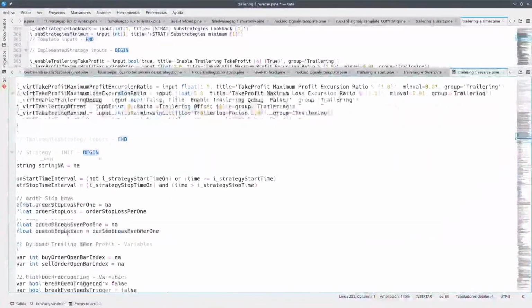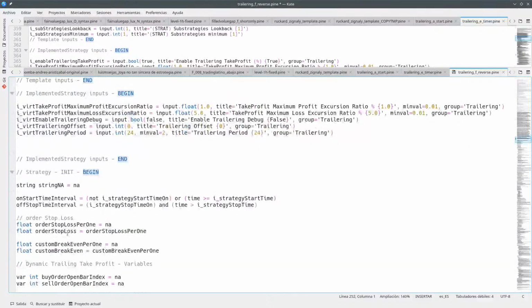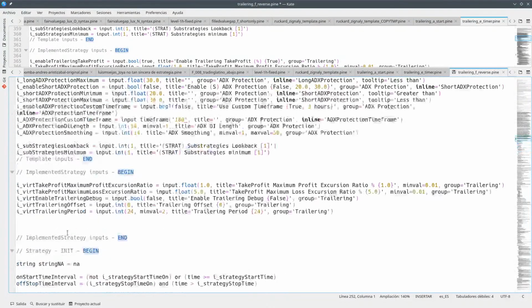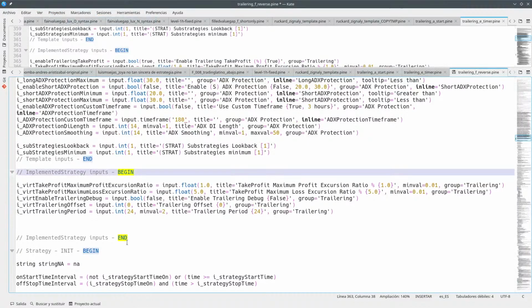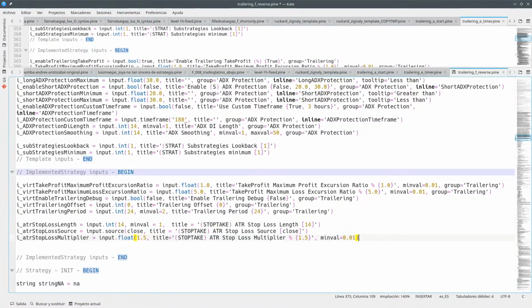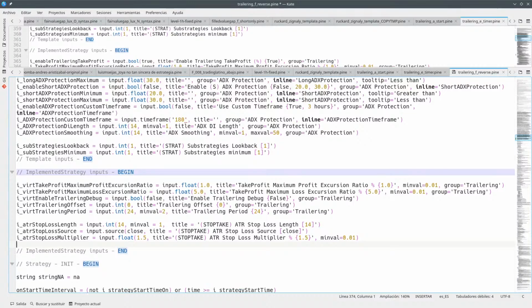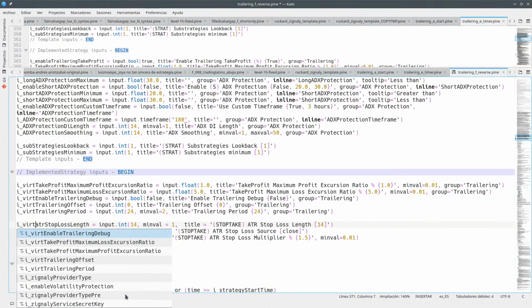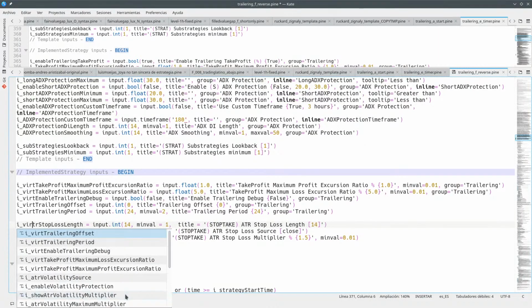So this is done in such a way. Wait a minute. So I want these settings. Okay. So this is beard ATR.